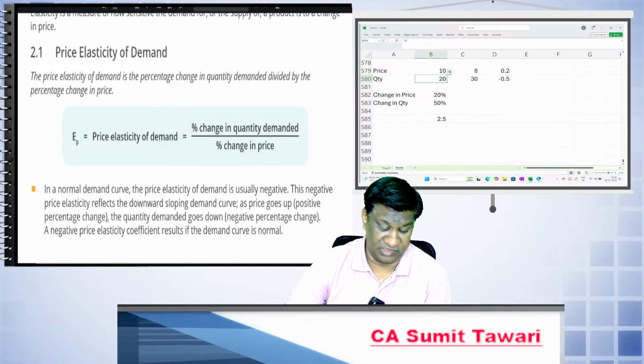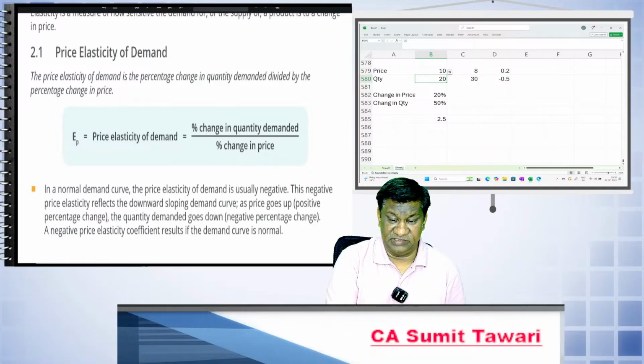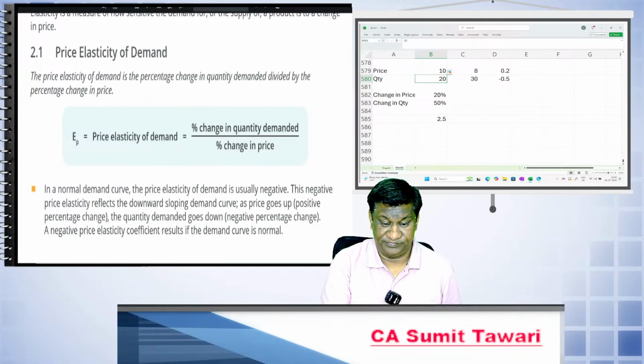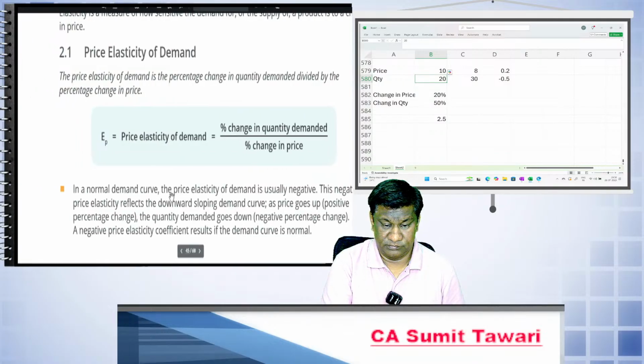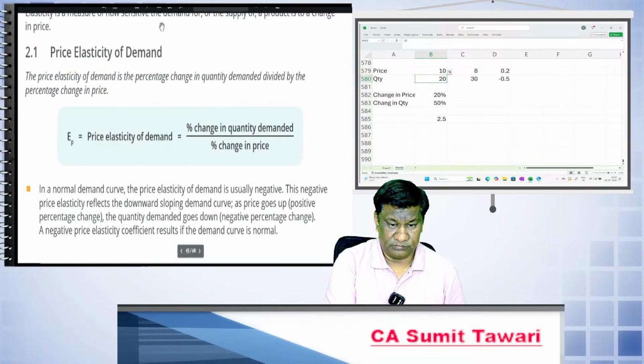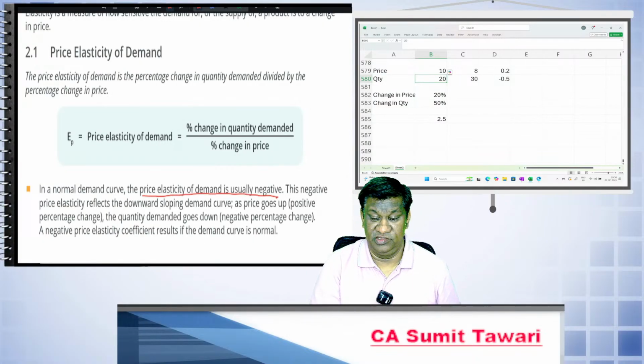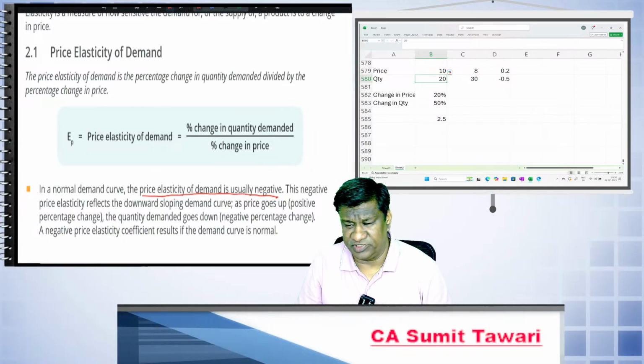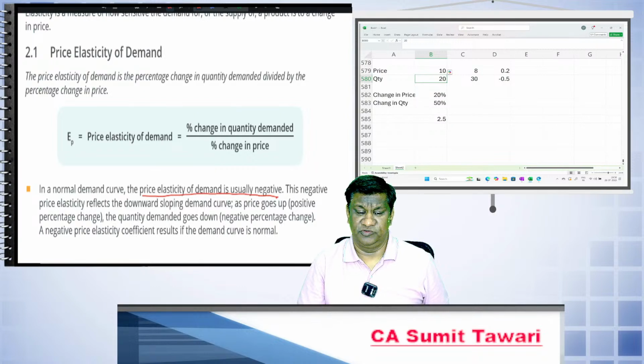So that's why the price elasticity of demand is usually negative. That you need to keep in mind. Okay, because it is in inverse proportion. If the price increases, quantity decreases.